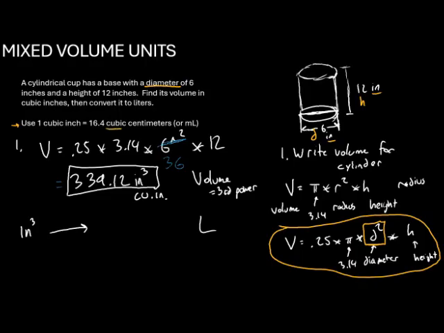However, it's important to realize that cubic centimeters are the same thing as milliliters. These are actually synonyms. There are a number of different ways to write cubic centimeters. You may see cm third power, or just cc, or cu.cm, or just ml. All of these are the same thing.